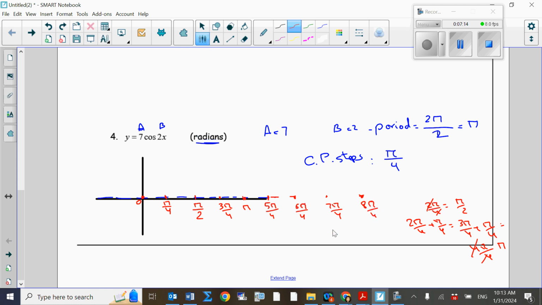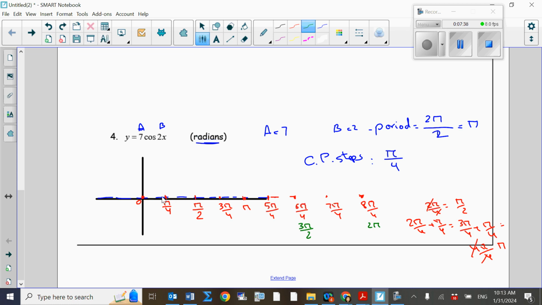You may simplify these. For example, 6 pi over 4, you could write as 3 pi over 2, because 6 divided by 2 is 3, 4 divided by 2 is 2. And this one, 8 divided by 4 is 2, 4 divided by 4 is 1. So you could write that as 2 pi as well, but this is also acceptable.